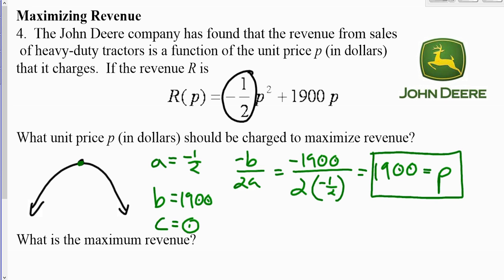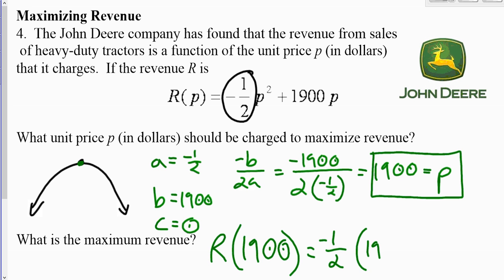And the maximum revenue. So what will the revenue be at that price? So I do R at 1900. It's going to be equal to -1/2 times 1900 squared plus 1900 times 1900. All right, so I'm going to use my calculator on this one.